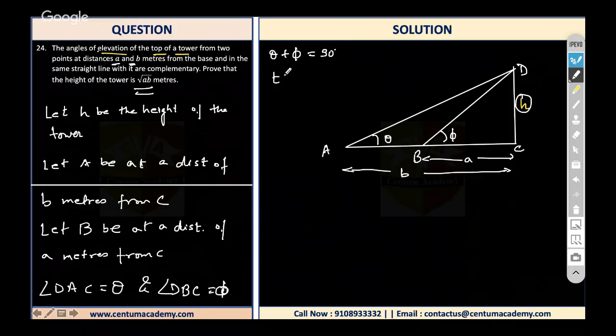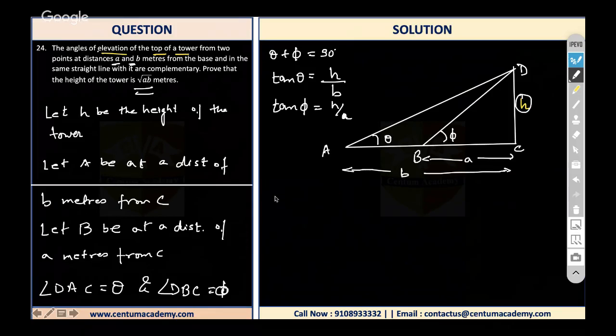Tan theta is h, the opposite, divided by the adjacent. For theta, the adjacent is b. So tan theta is h by b. Similarly, tan phi is h upon a. Now I have to somehow eliminate theta and phi.